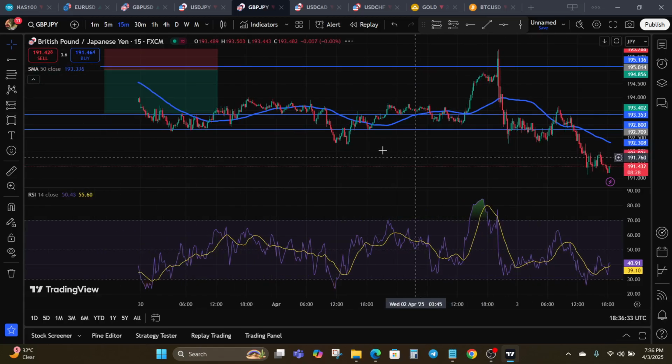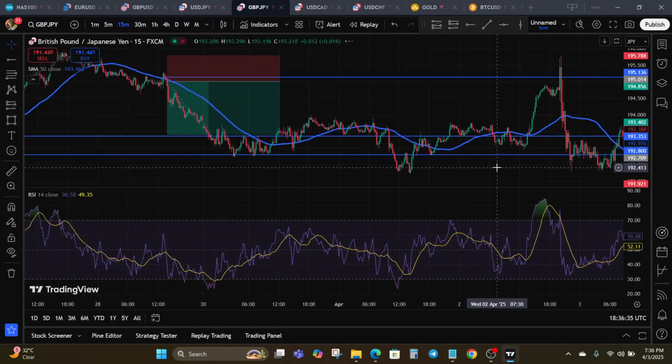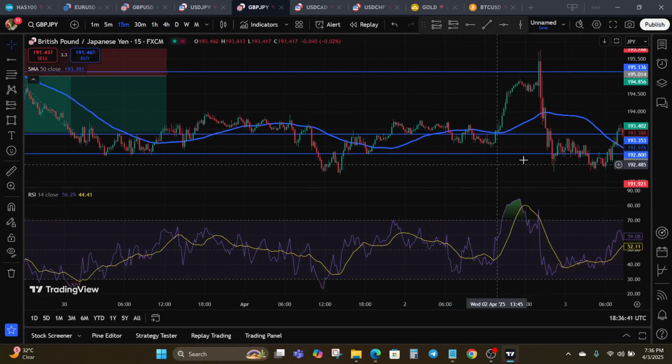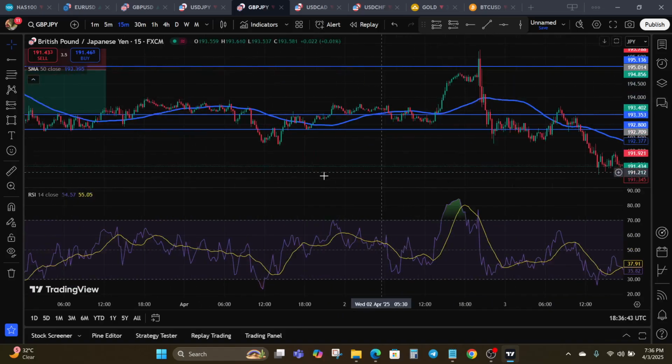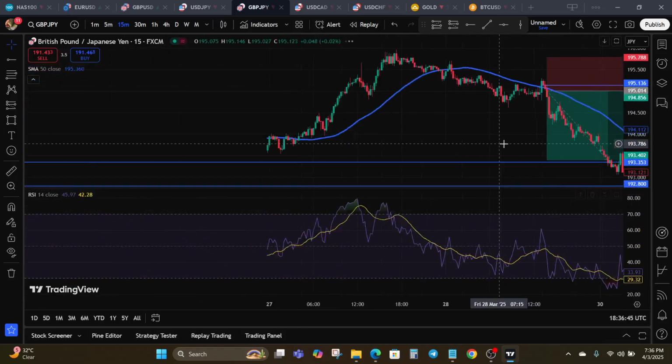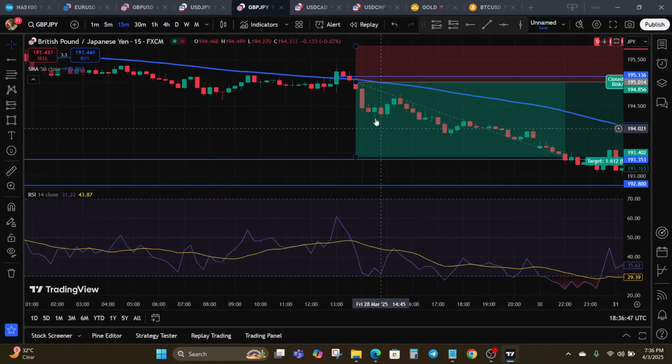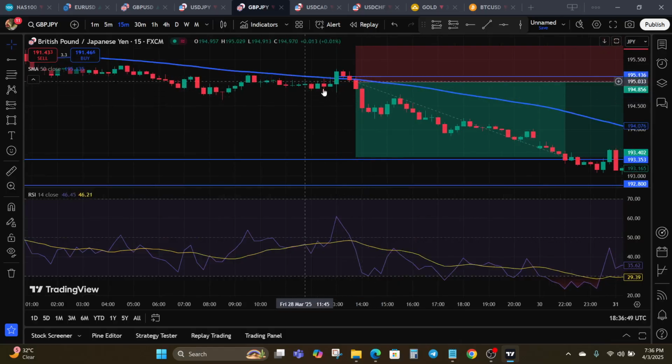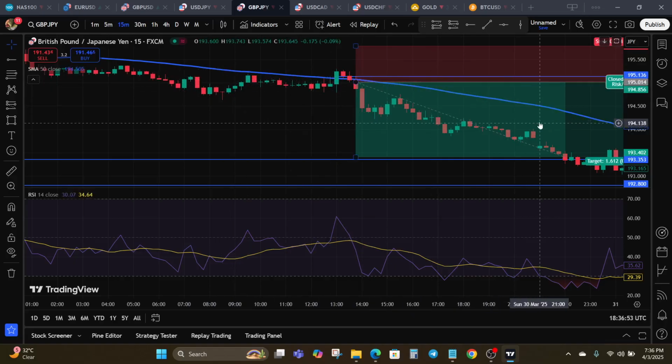Candlestick patterns like bullish engulfing, pin bars, or rejection wicks add extra confirmation. For example, if you want to enter a sell trade, you can look for bearish candlestick patterns around a resistance zone or around the dynamic moving average.